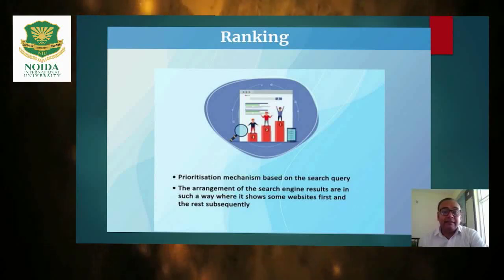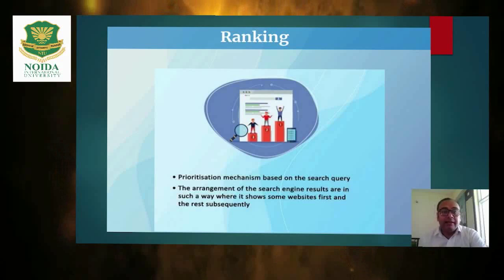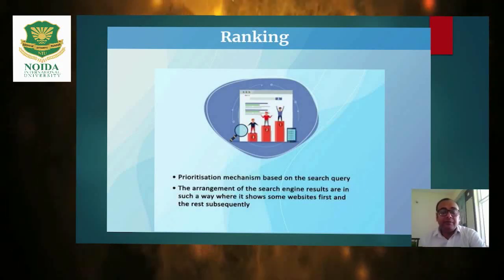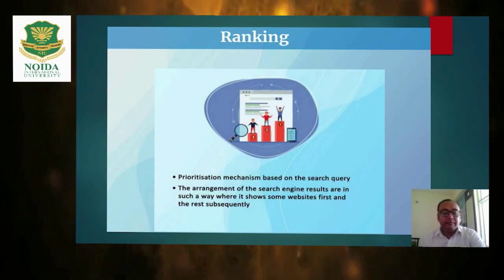Actually, ranking is like how you fare, how you do well, and you are being placed, and there's a competition in between that. If you are doing well, your website will be shown on the first page of the results. It's like a prioritization mechanism based on the search interest.